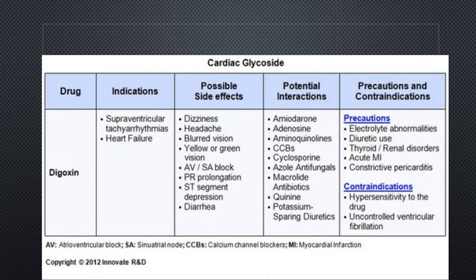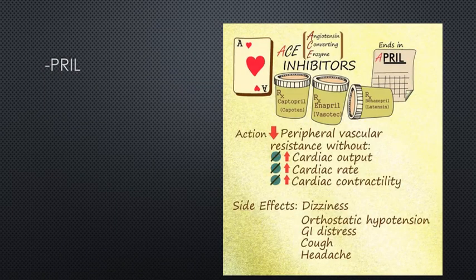All right, so then we go to our old friend, the PRILs. PRIL, that is the ending for ACE inhibitors. ACE inhibitors are used to treat heart failure, hypertension. The long name is angiotensin converting enzyme inhibitor.